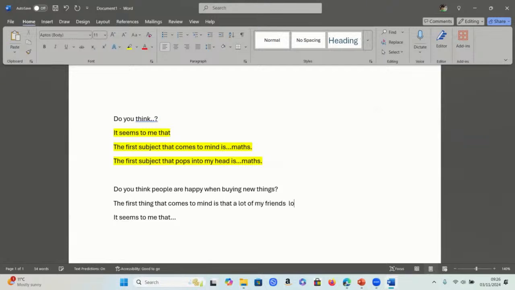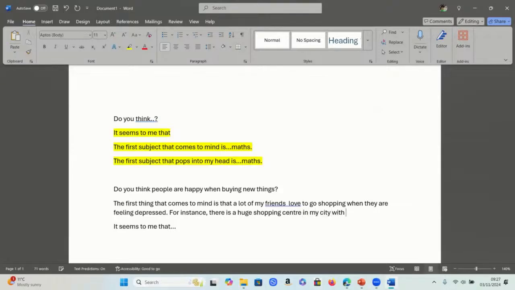So are people happy? It seems to me that all of my friends love to go shopping when they are feeling, you can say, down, depressed, or sad, or something like that. Depressed is a better word. And then if you wanted, you could go: there is a huge shopping center in my city with, see how you can just make it longer and longer, lots of clothes shops.